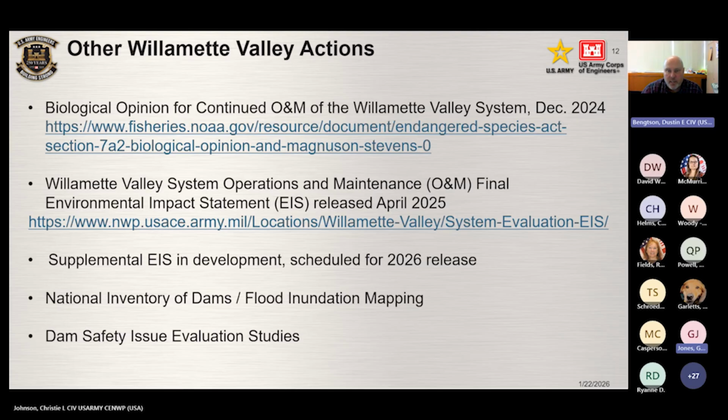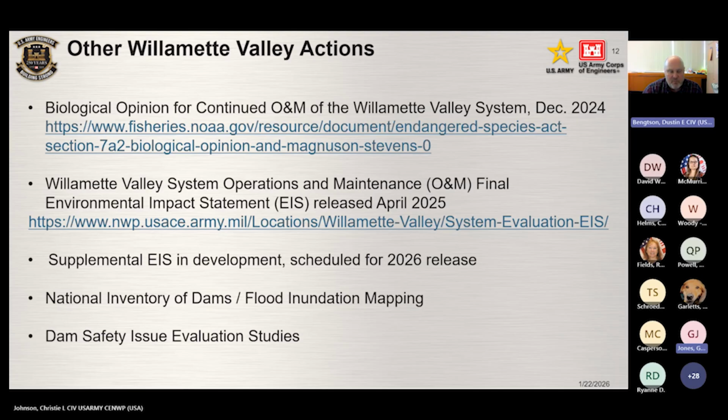It is very accessible to you. You can simply Google the National Inventory of Dams and find the state of Oregon and dams in the area that you live in. And there's a wealth of information there that can help you make personal decisions on how you would manage risk or, in the case of an emergency, respond. But it's also a very good tool for county and state level folks to plan for those emergencies and how they support people. So that's another tool.